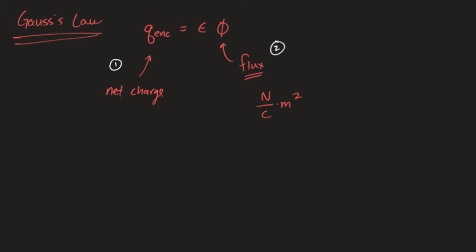It's about flux, and it's about enclosed charge. We can use it to tell us about electric fields, but that's not what the law is about. Principally, the law is telling us that the amount of flux any region of space has is related to the amount of charge in that region of space.